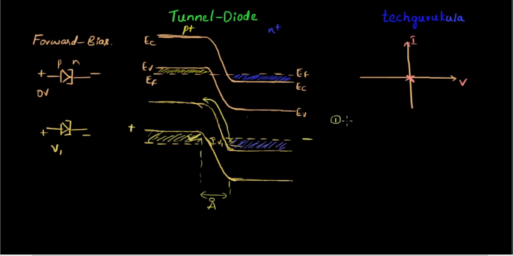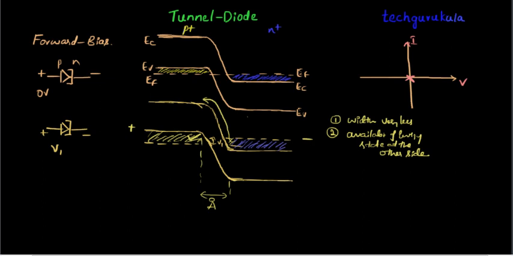One is the width should be very small, and the second condition is there should be availability of energy states at the other side.